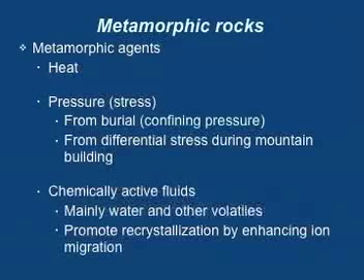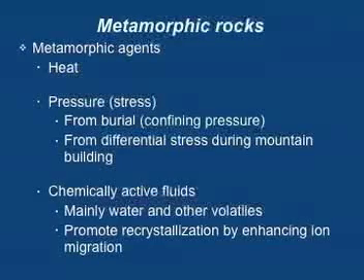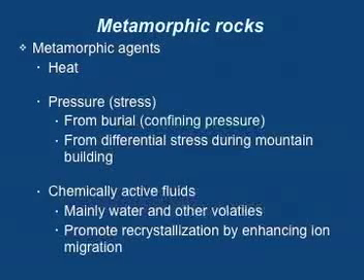All right, so there are 2 major metamorphic settings that we're going to learn about, and the first one is regional metamorphism. Regional metamorphism is large-scale metamorphism. Picture the North American continent: we have the Cascades, the Sierra Nevada, the Rocky Mountains, the Appalachian Mountains.